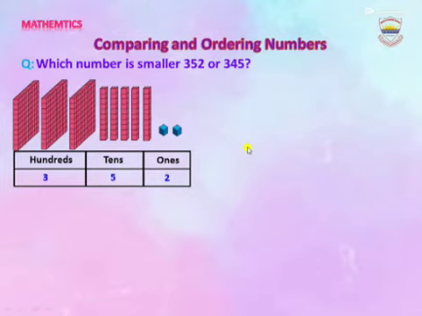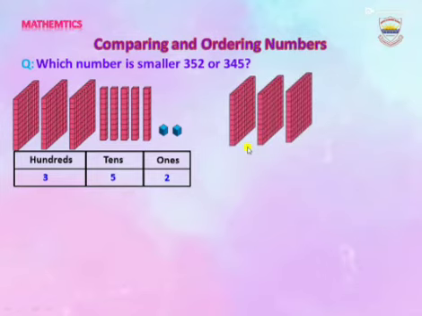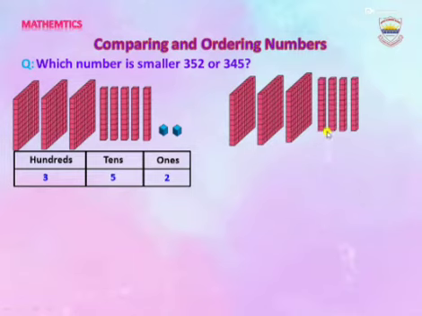How many hundreds are there? 1, 2, 3. There are 300. Count the stakes. 1, 2, 3, 4. There are 4 stakes, means 4 tens. Now count the ones number. 1, 2, 3, 4, 5.